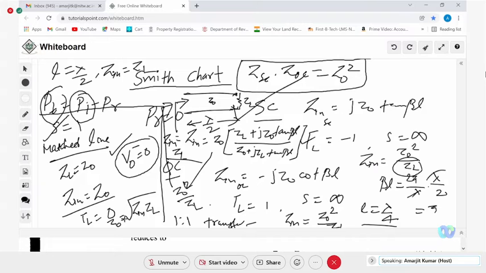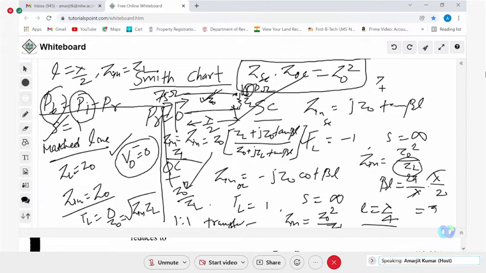So that means suppose here we have ZL equal to 100 ohm, and we want to match this 100 ohm with 75 ohm. So what will be the characteristic impedance of this line? What we should choose?